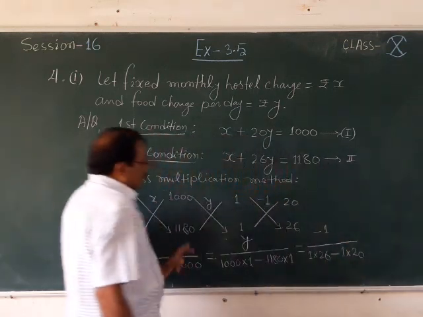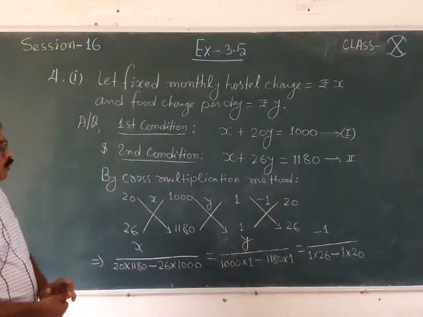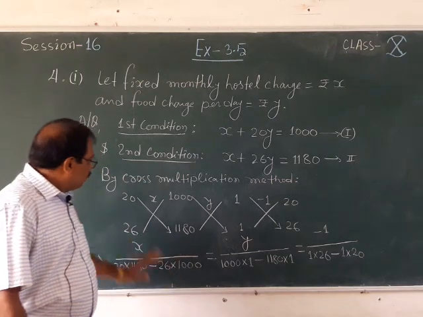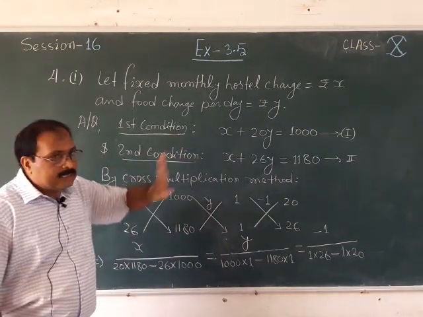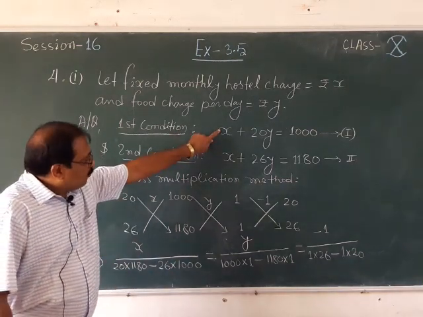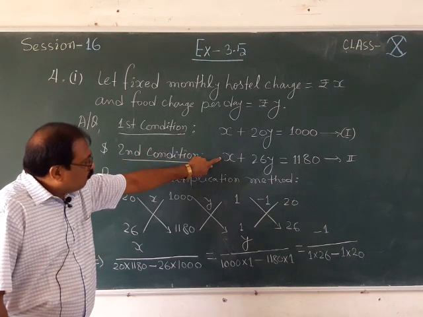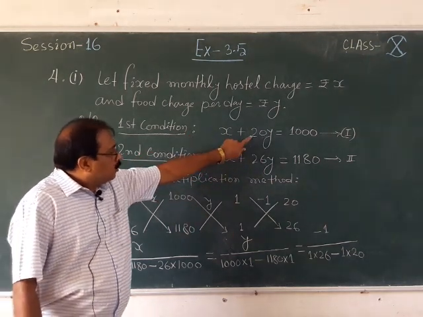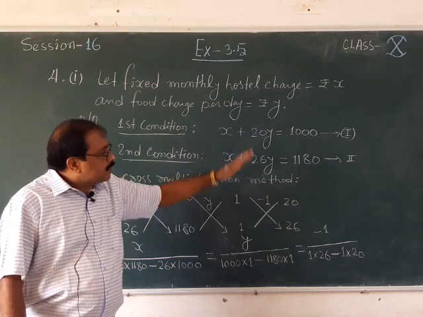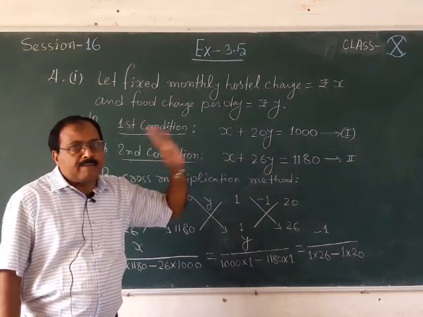Here the values of a1 by a2, a1 and a2 are clear. Once again I am checking a1 and a2, 1 and 1, b1 by b2 20 upon 26 and c1 by c2 1000 upon 1180.